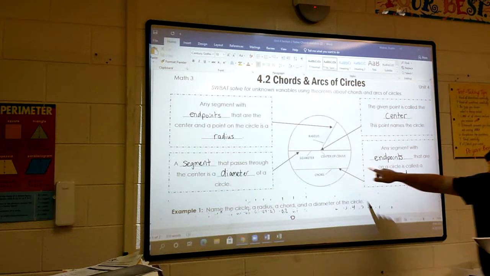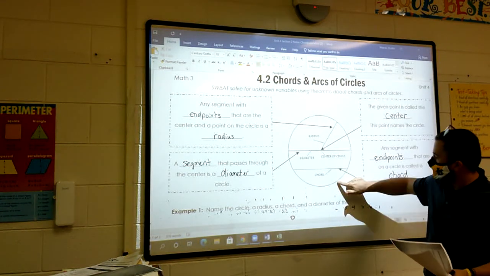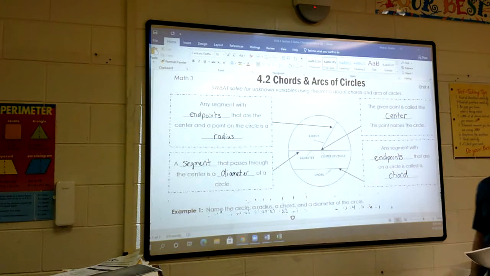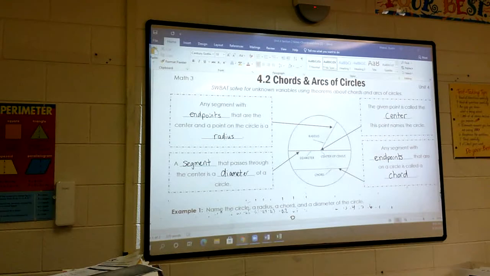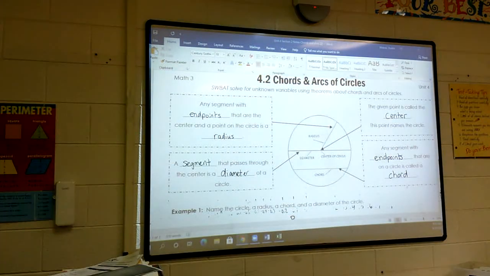So a chord could be down here, it could be on the side here, it could be way down here. It just has to have 2 points on the circle. So the chord is more of what we're going into a little bit later. Those are your first section, the top half of the chords and arcs of circles.